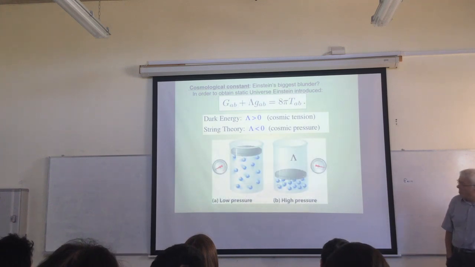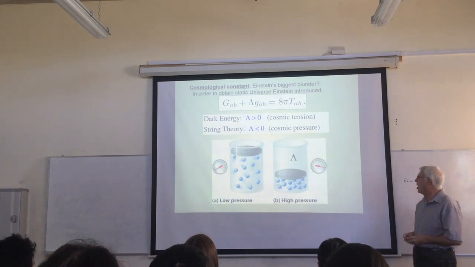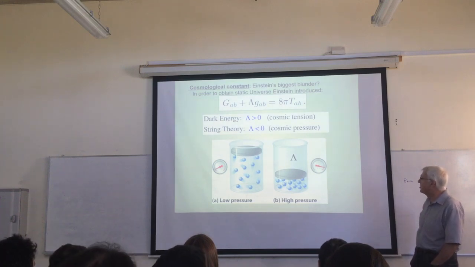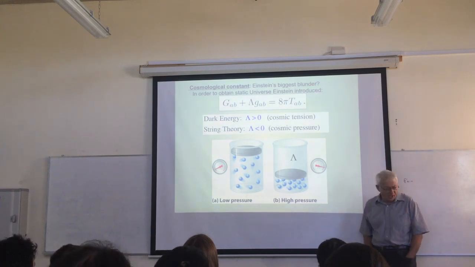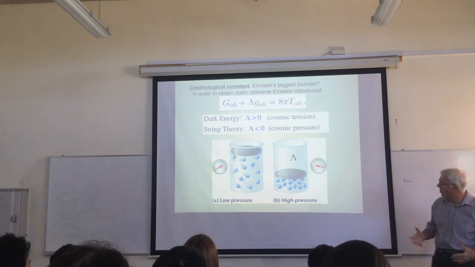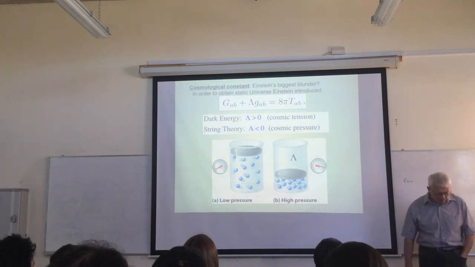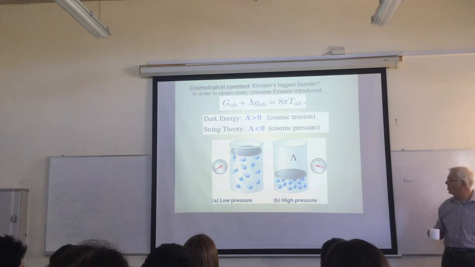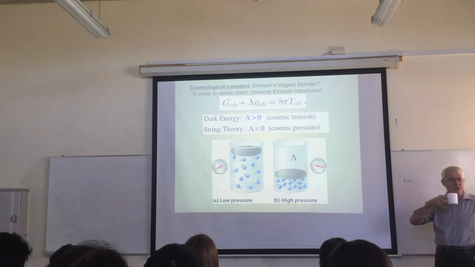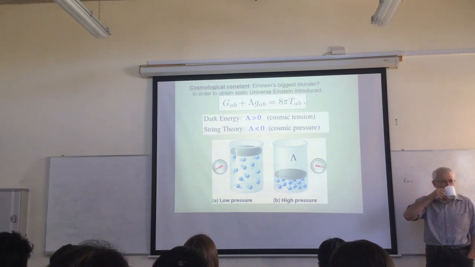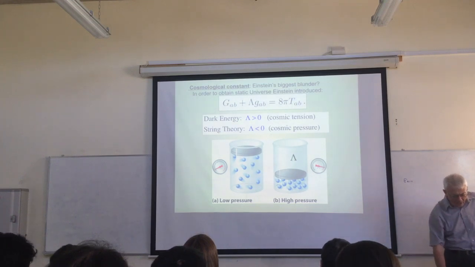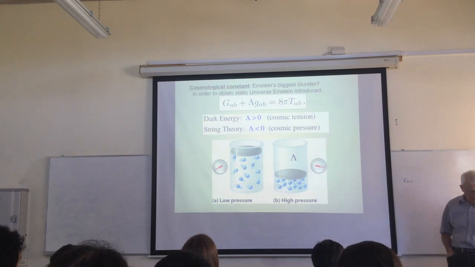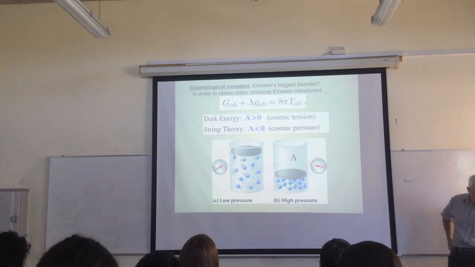And so what's going on qualitatively in black hole chemistry is it's as though the universe, well, not as though, the universe is filled with a vacuum energy, and larger lambda means the vacuum energy is basically at higher pressure.